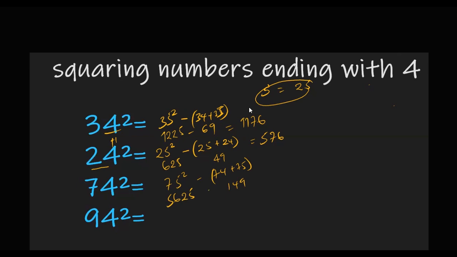Now you need to subtract that, and what you get is 5476. And now we can also do the same here with the 94 squared. So this equals 95 squared minus 94 plus 95. This alone equals 189.